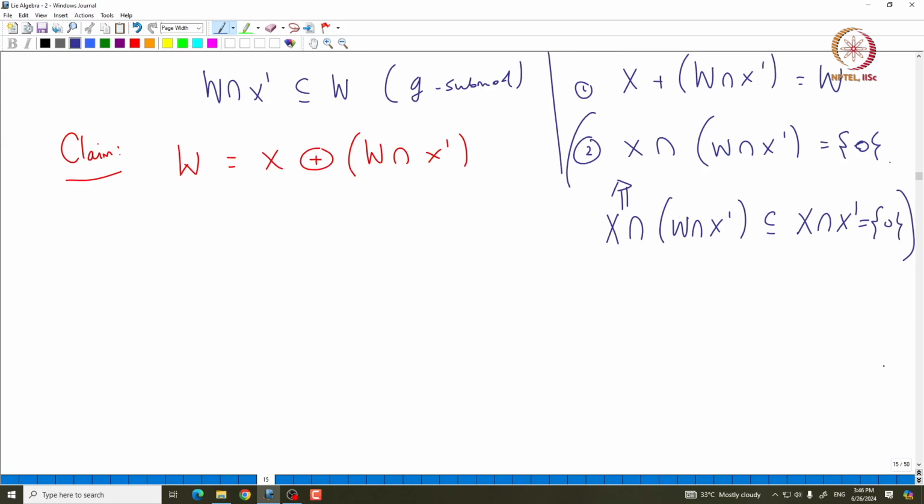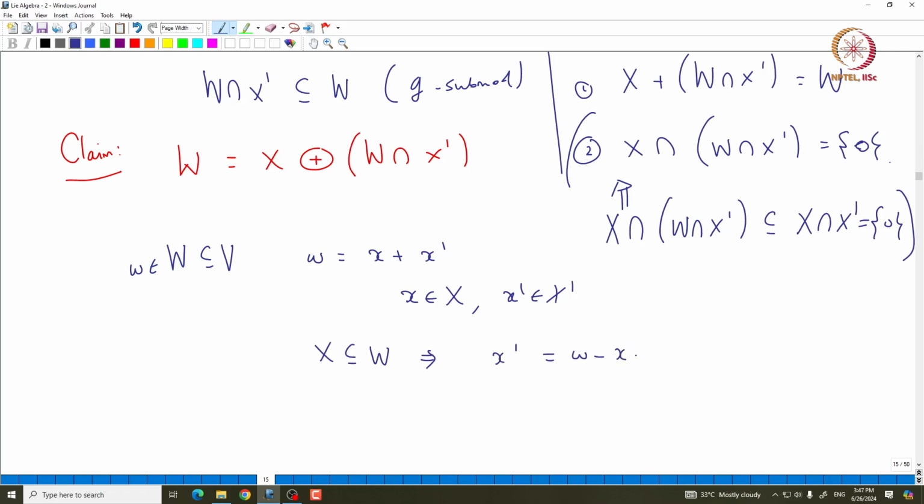We need to check that W is indeed the sum of X plus W intersection X dash. Let us start with w in W, which is an element of V. So, w can be written as x plus x dash, where x comes from X and x dash comes from X dash. Note that x is in W, so x dash, which is w minus x, is also an element of W. That implies x dash is inside W intersection X dash.